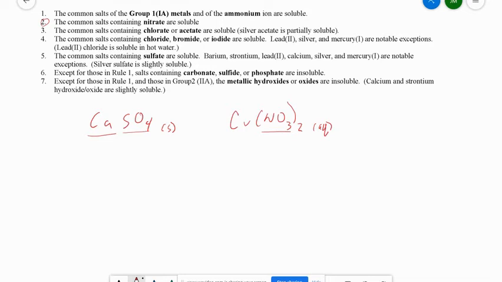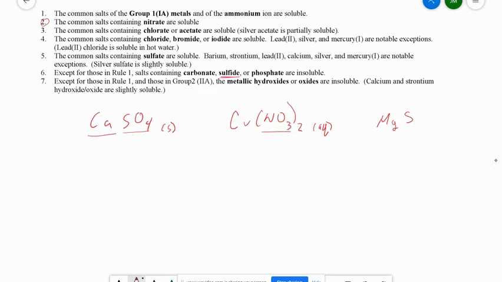All right, how about magnesium sulfide, MgS? I remember seeing the sulfides somewhere here. Magnesium sulfide. Here, sulfides, right here.